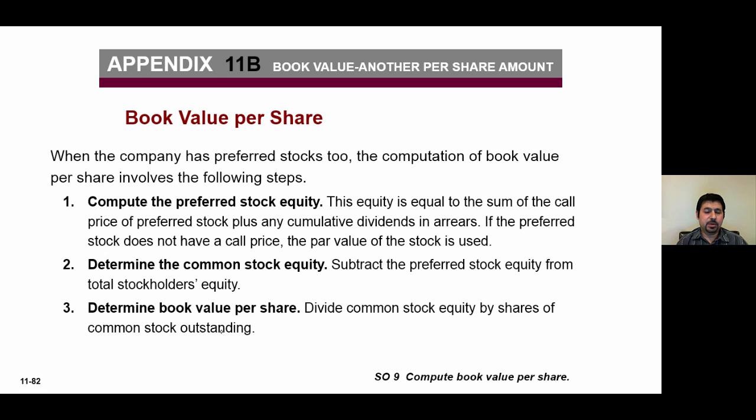After that, we divide this amount by the outstanding number of common shares, and that would give us the book value per share.